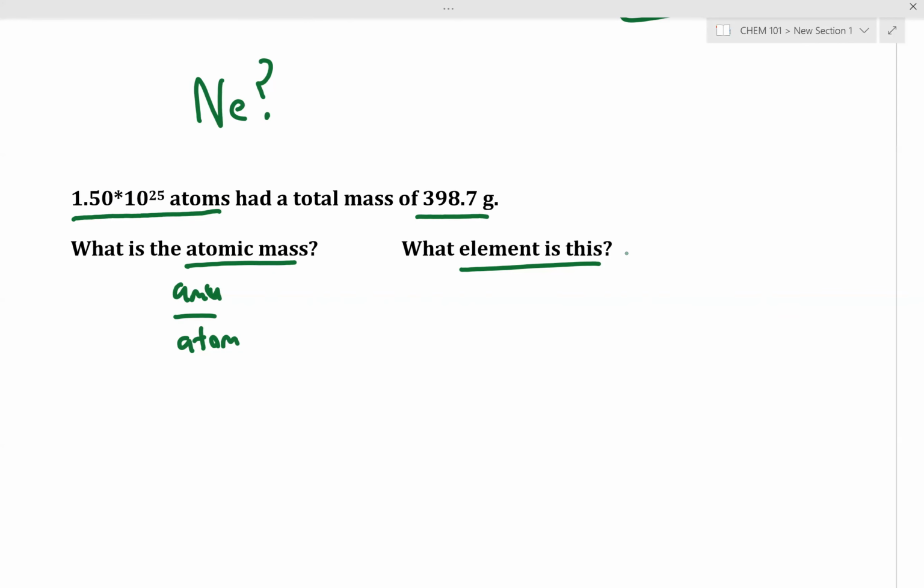Everything going okay? So then, comparing to the previous problem that we solved, instead of being given the mass in AMU, we're given the mass in grams. But can we get to AMU from grams? Do we have that conversion? Yeah. And once we do that, then we're at home free.